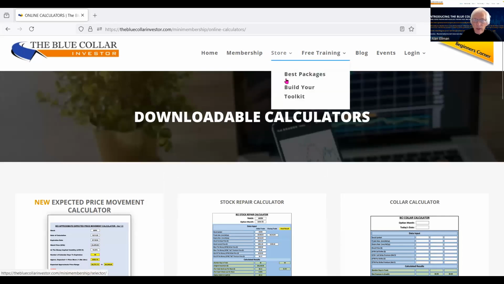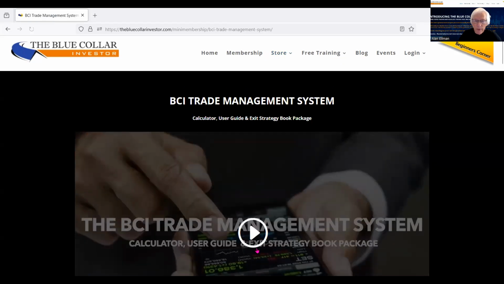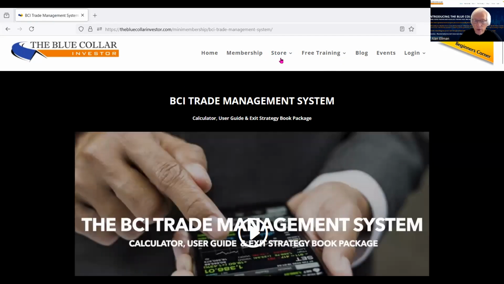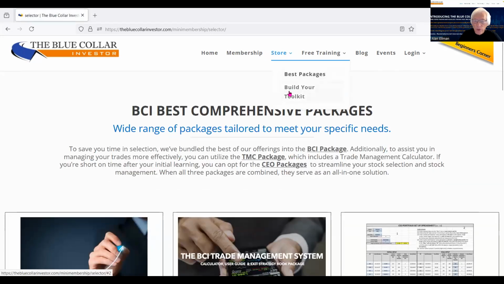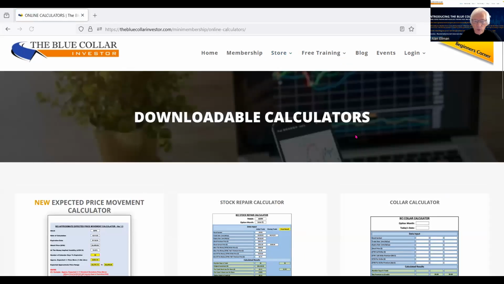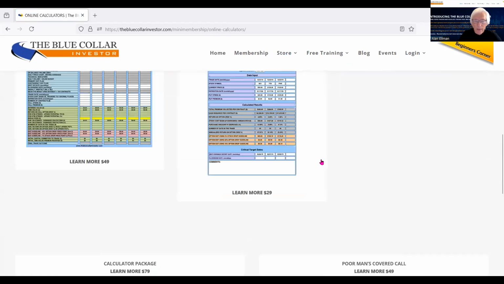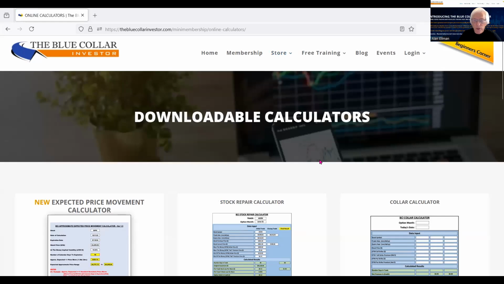Our main calculator, you'll find under Best Packages, Trade Management Calculator. Don't forget our portfolio setup and results spreadsheets. Those, I believe, are the two main ones that you're going to want to get. Or you can go into our store, build your own toolkit, scroll down, click on calculators, learn more, and you'll have information on the remaining spreadsheets and the packages of those spreadsheets that are available.